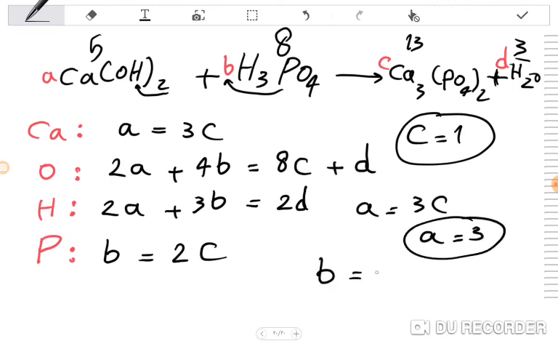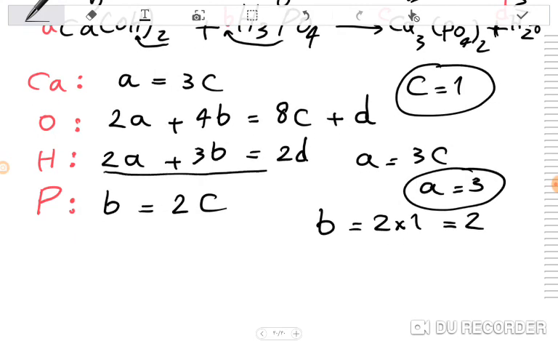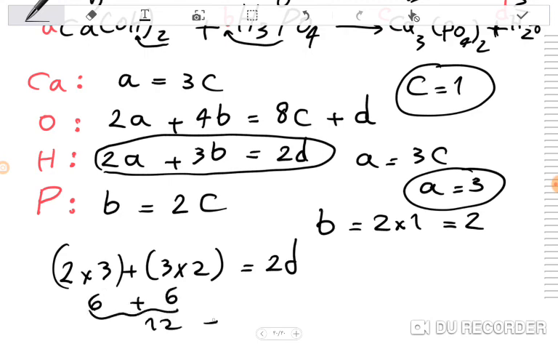B is equal to 2 times C. 2 times 1 is 2. Okay? And D, we find from here: 2A, 2 times 3, plus 3B, 3 times 2, equal to D. 2 times 3 is 6. 6 plus 6 is 12, equal to D. And D is equal to 12 over 2, which is 6.